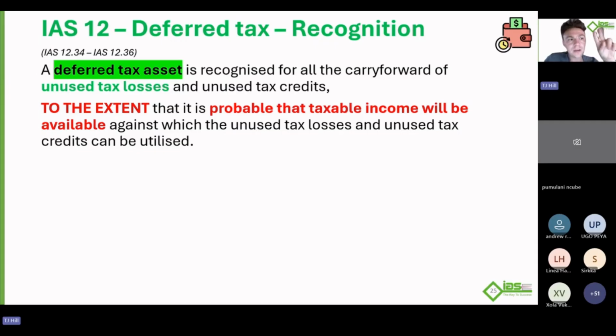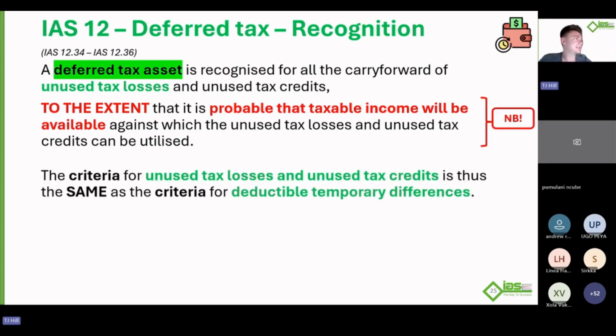But even though they are technically 2 different things, you treat them the same way. They both will give rise to a deferred tax asset, and you will consider the same criteria. Is it probable that I'll have sufficient future taxable income, yes or no? And then if yes, recognize in full. If no, recognize to the extent.